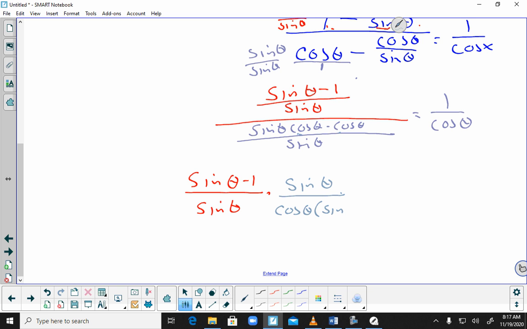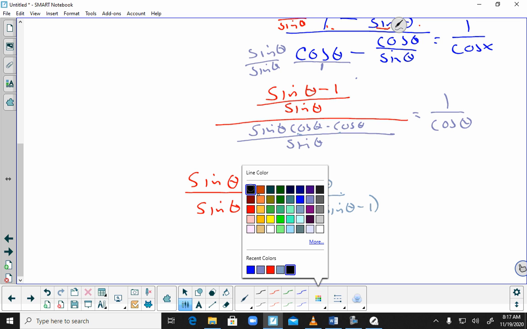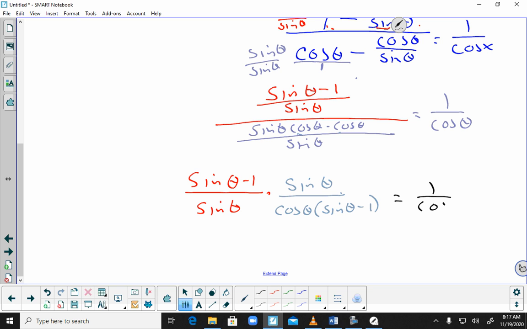So I'm going to have sine of theta minus 1, and I'm trying to show that that is equal to 1 over cosine theta. Here I can see that the sine of thetas will simplify, and the sine of theta minus 1 will simplify, and I'm left with 1 over cosine theta is equal to 1 over cosine theta, and I am done. Probably should put that in parentheses.